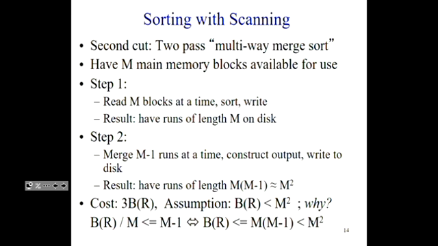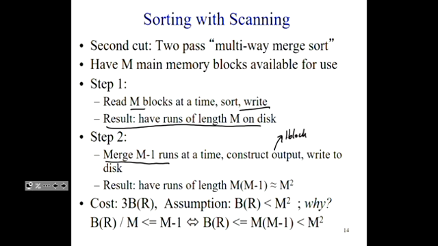So the steps for the 2-pass multi-way merge sort are: you read m blocks at a time, you sort and write them out. As a result, you have runs of length m on disk. Then you merge m minus 1 runs at a time, construct the output, so output occupies 1 block, and then you write it out to disk.